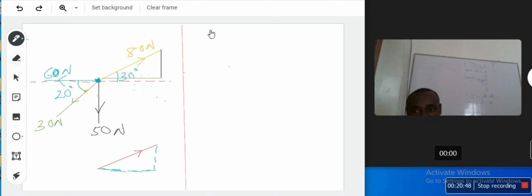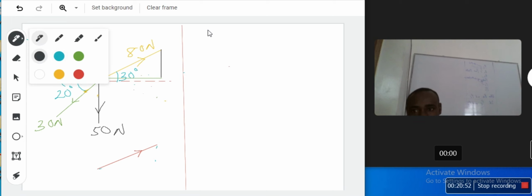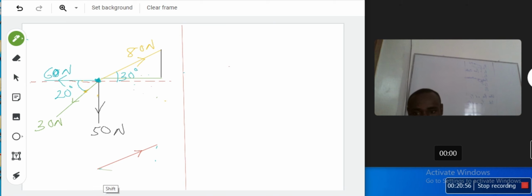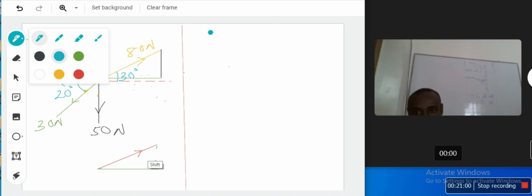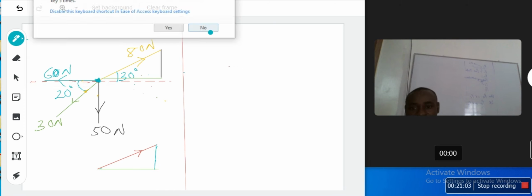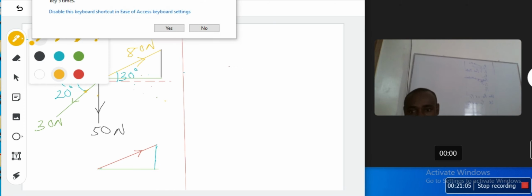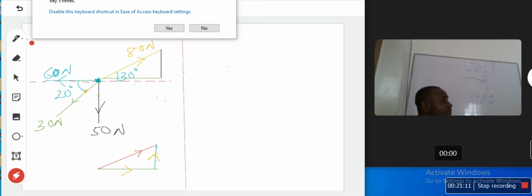So the components, please let me redraw this and use straight edges. One component, the other component. These components, I said, must run in such a way that they will meet the arrowhead of the main force we are splitting.